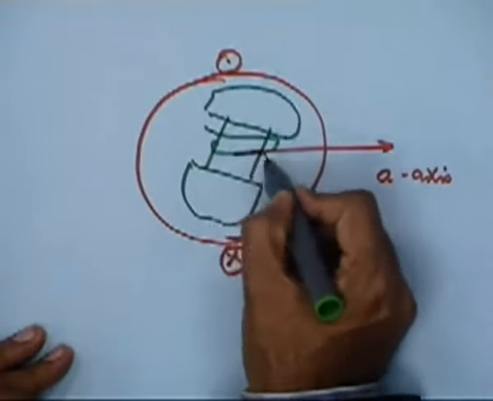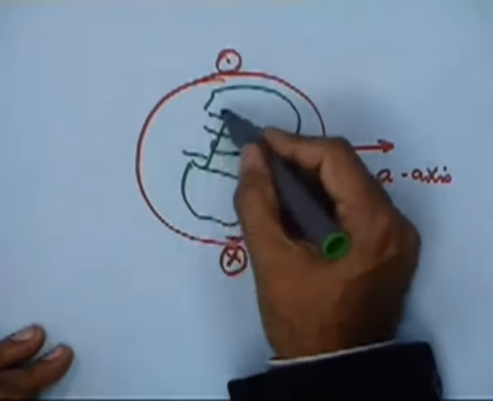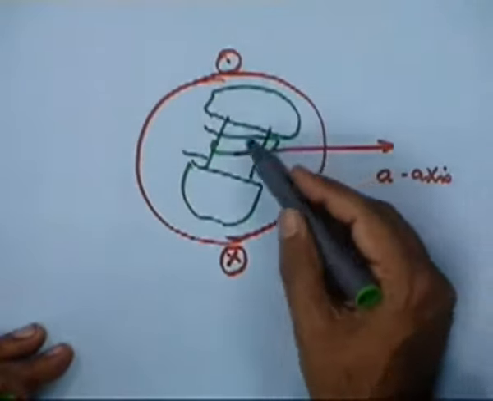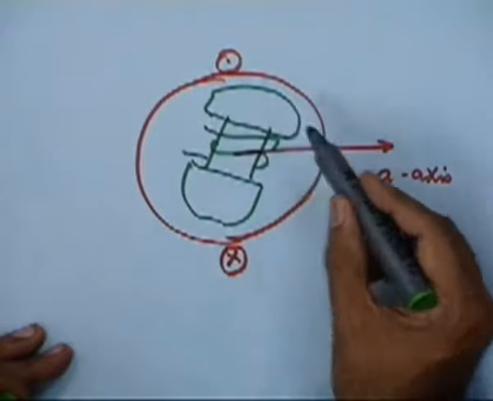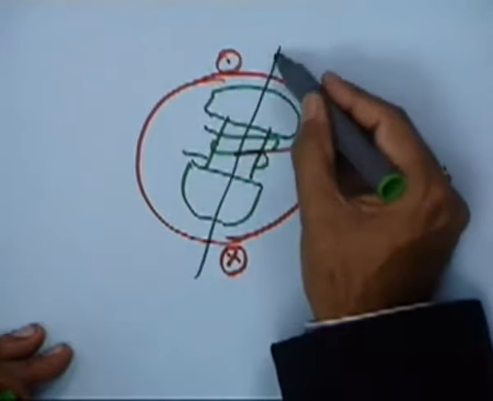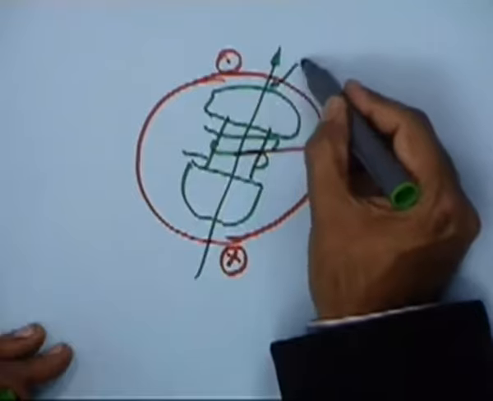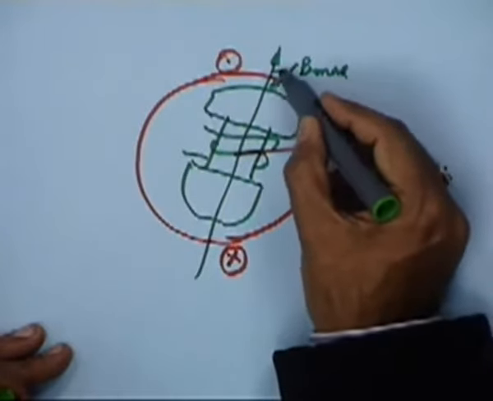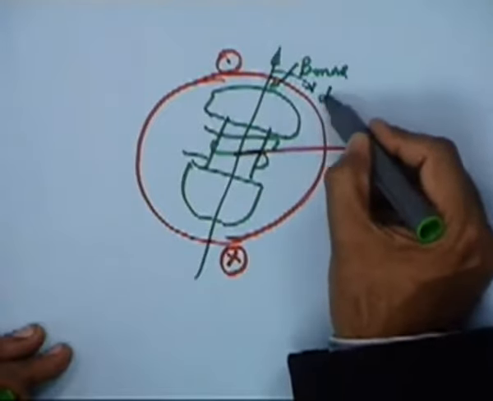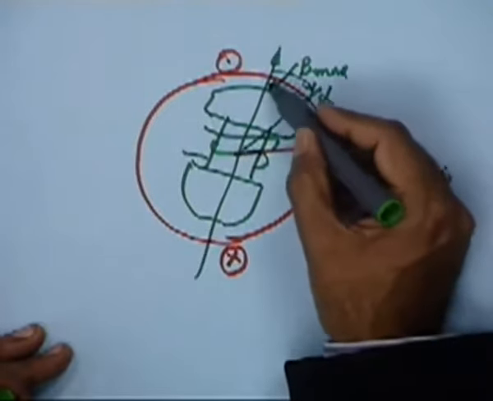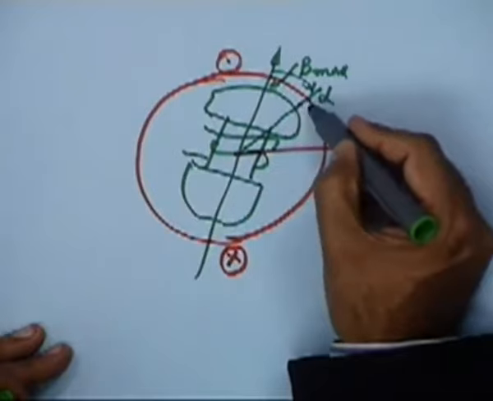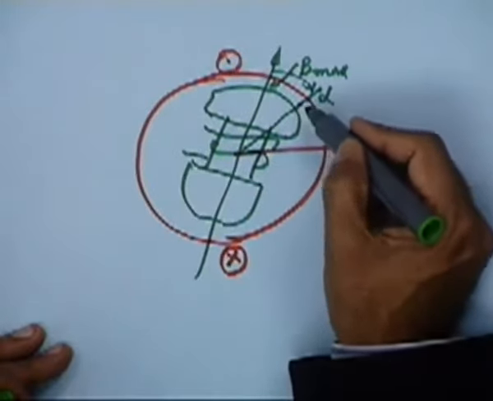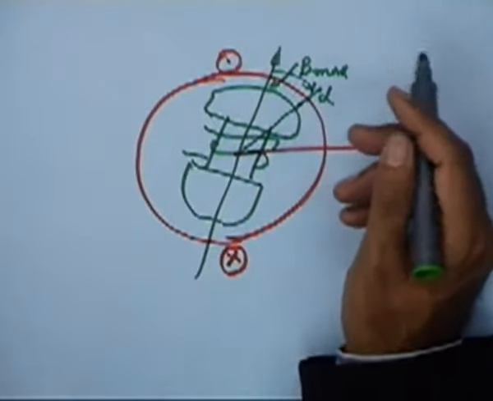When this is excited, it produces a variation of flux density with its maximum value here as B max, and as you traverse by any position alpha, at this point it will be B max cosine of alpha. So that's what we are showing.